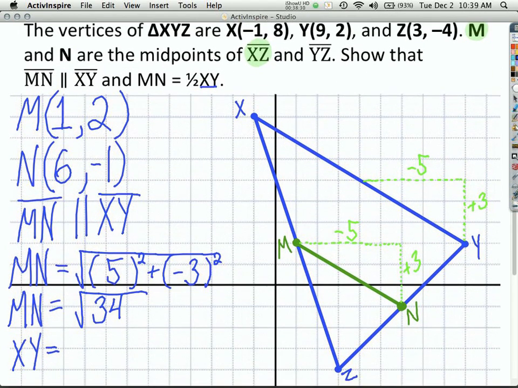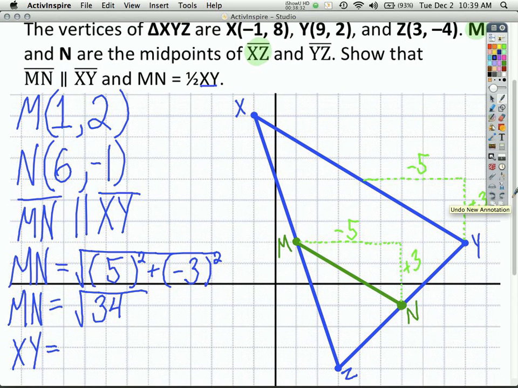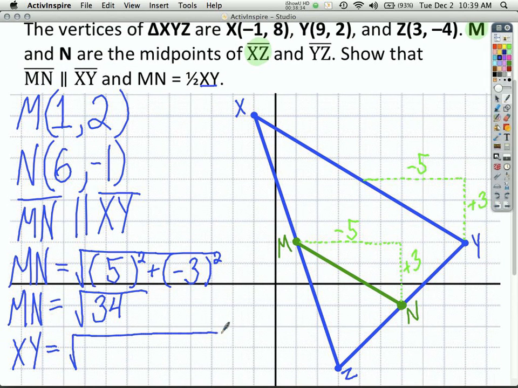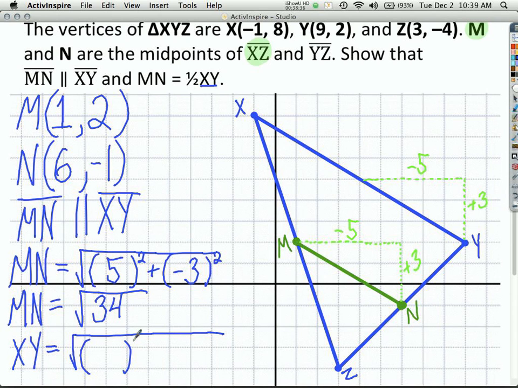Let's see, -1. Difference of the x's squared, differences of the y's squared. Let's see, 9 minus -1 is 10. And the difference of the y's, 2 minus 8 is -6.